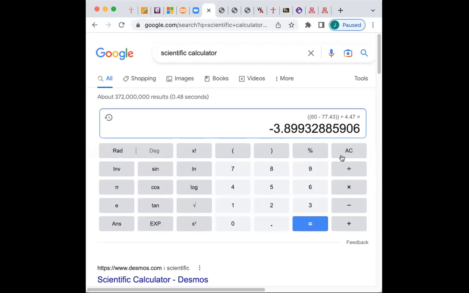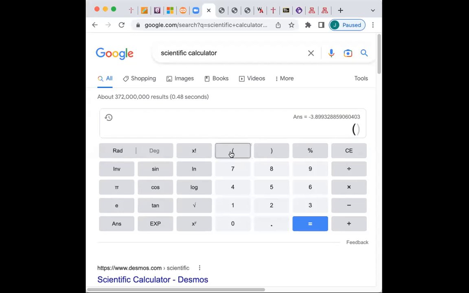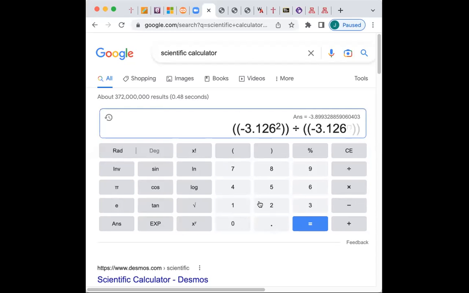So if I take this and I go right here, share, and I go negative 3.126 to the second power divided by negative 3.126 to the second power plus 17.